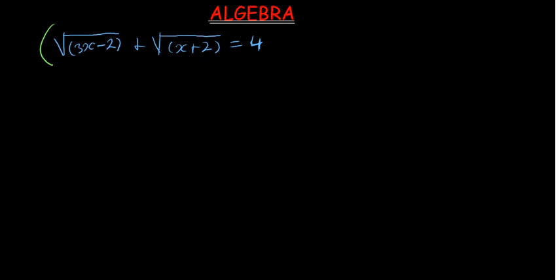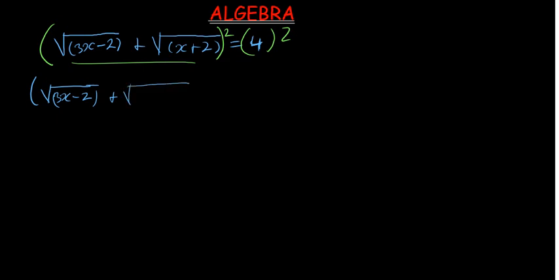So that would be a squared there, a squared there. When you expand this one, I'll try to write it just the way it is. We are going to have root 3x minus 2, plus another root x plus 2.